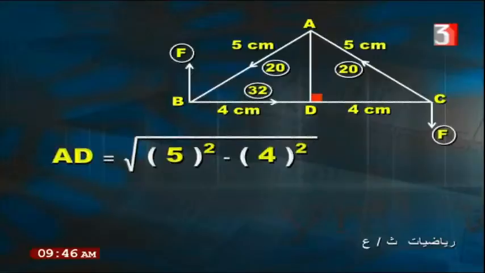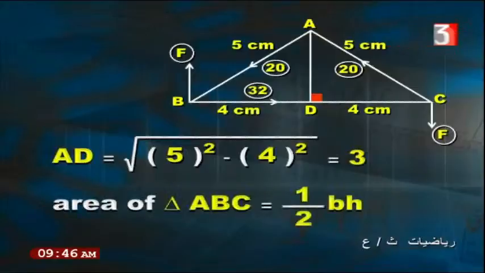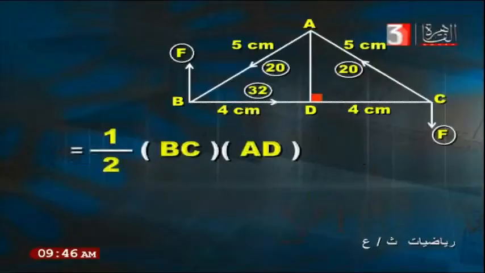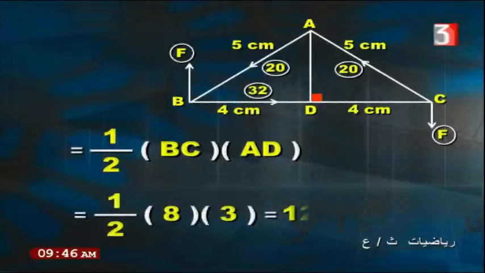Therefore, AD perpendicular to BC, AD equals 3 centimeters. The area of a triangle is half base times height. The area of the triangle is half times 8 times 3, which equals 12 square centimeters.